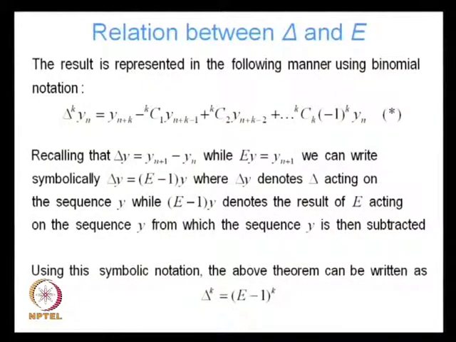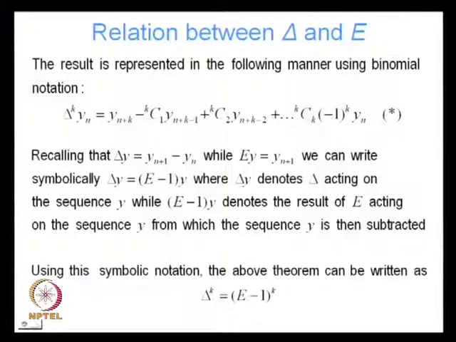So, as you can understand, if you operate k times on yn, you are going to get more and more terms, because the first time when you operate delta on yn, you are going to get yn plus 1 minus yn. If you operate again, you operate on yn plus 1 as well as yn.